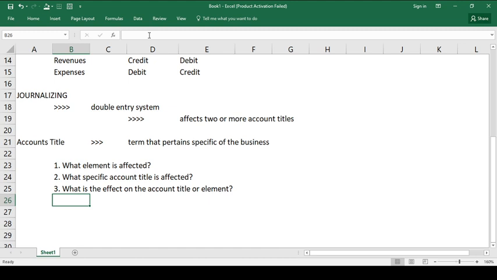Una, hinanap mo yung element; pangalawa, chinek mo anong account title yung may effect; pangatlo, ano po ba yung effect?